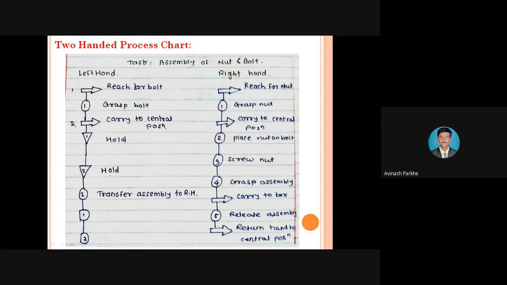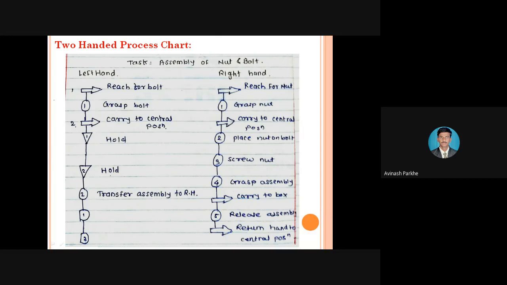Sometimes your right hand is required for holding the job only, and by using the left hand we are doing the operation. That means simultaneously the movement of the left hand is taking place, and the movement of the right hand is also taking place. So in order to represent the movements taking place by the left hand and the right hand simultaneously for a single task, those movements are represented using the two-handed process chart.